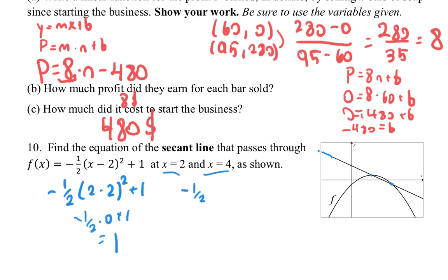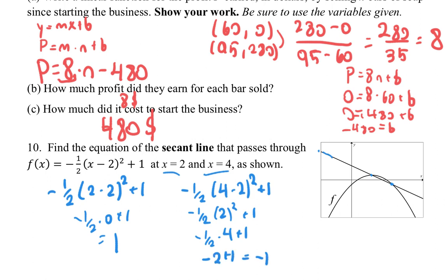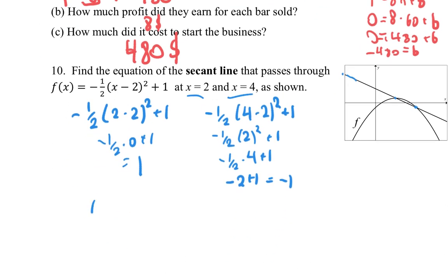It's -1/2 times 4 minus 2 squared plus 1. 4 minus 2 is 2. 2 squared is 4, so -1/2 times 4 plus 1. -1/2 times 4 is going to be 1/2 of 4 is 2. Make that negative, so -2 plus 1 is going to equal -1. So we have the point 2, 1 and 4, -1.